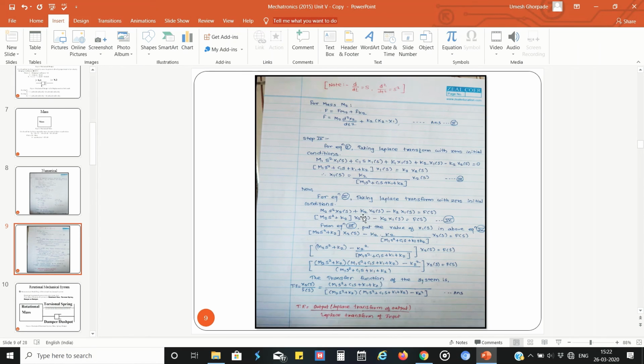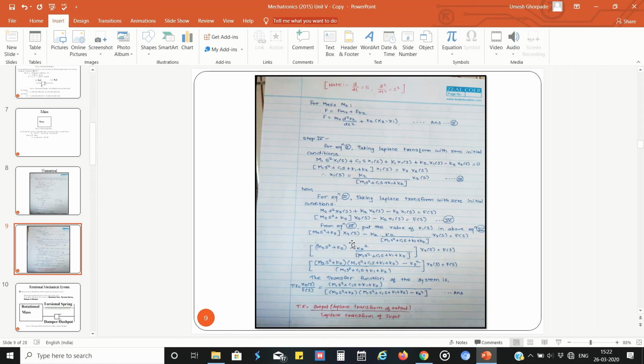We again simplify this equation, taking the X2 terms and X1 terms separately, putting in the value of X1(s) from equation 3. Again we simplify that one.